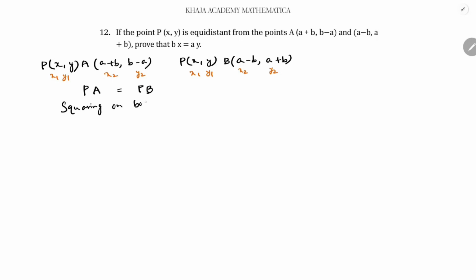Squaring on both the sides, it will be PA square equals PB square. Now the PA distance formula is under root (x2 − x1) whole square plus (y2 − y1) whole square.